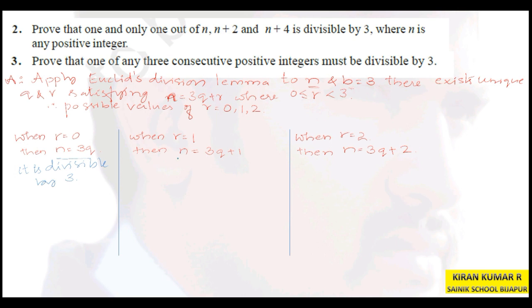When n value is 3q plus 1, it is not divisible by 3. When n value is 3q plus 2, it is not divisible by 3.